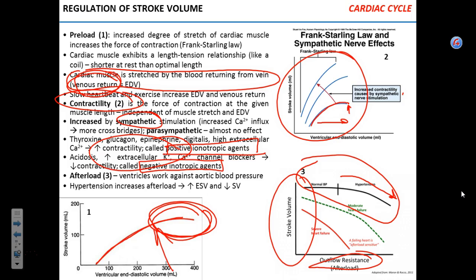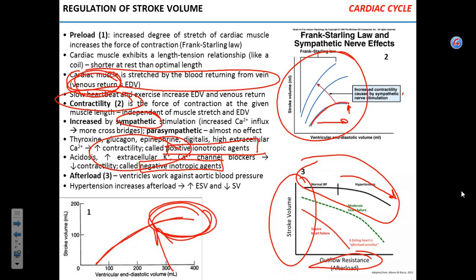Does that make sense? So basically, people with high blood pressure, the heart has to work against high resistance. Erase it, start over. People with high blood pressure, they have high afterload.